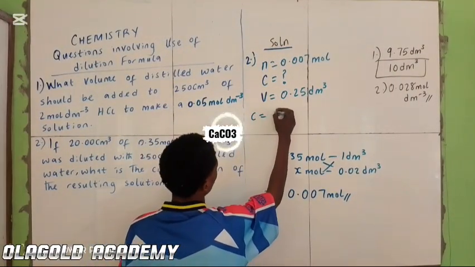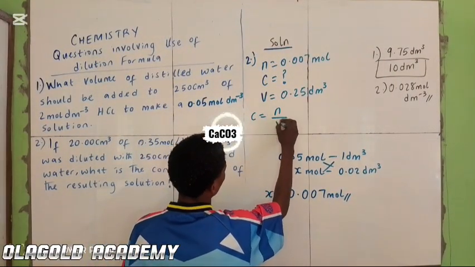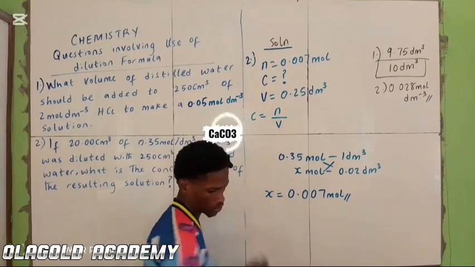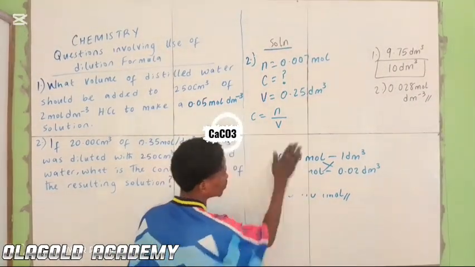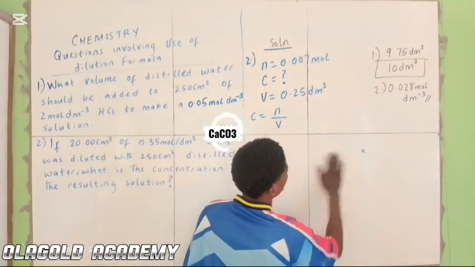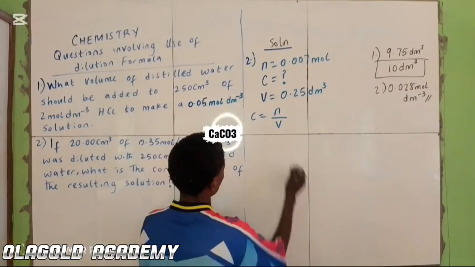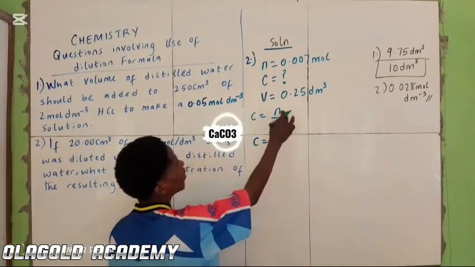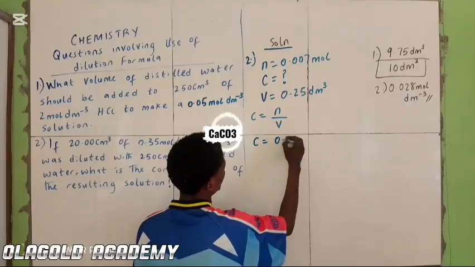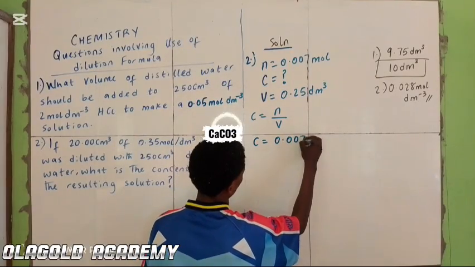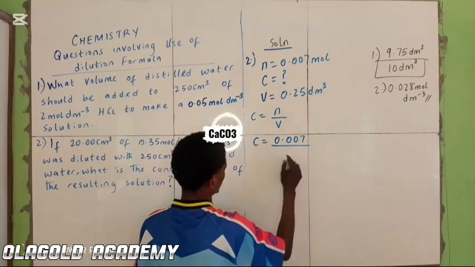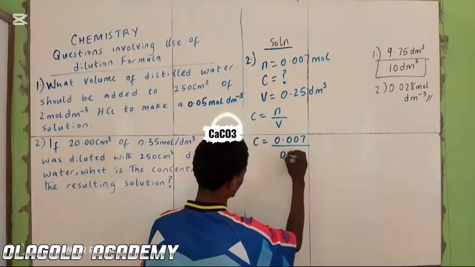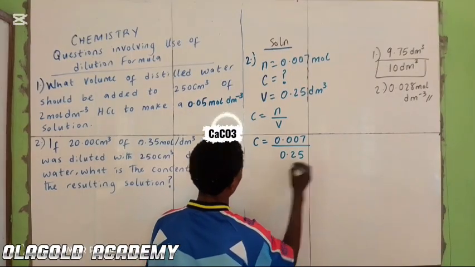Concentration equals mole over volume. So we're going to have concentration equal to mole, which is 0.007, over volume, which is 0.25.